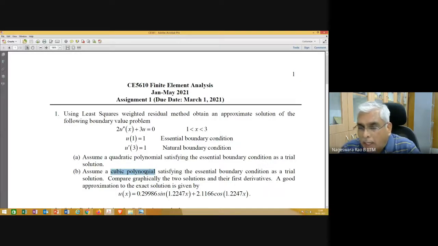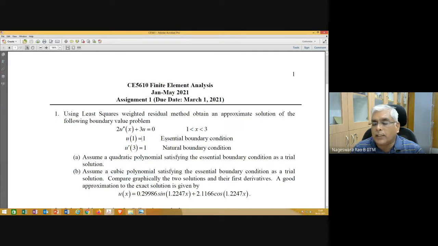Okay. But here in this assignment problem, one of the boundary conditions is essential boundary condition, other boundary condition is natural boundary condition. So when you are making the solution admissible, you need to use only this essential boundary condition, the first one.